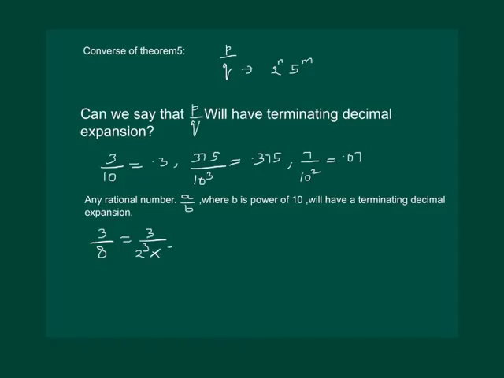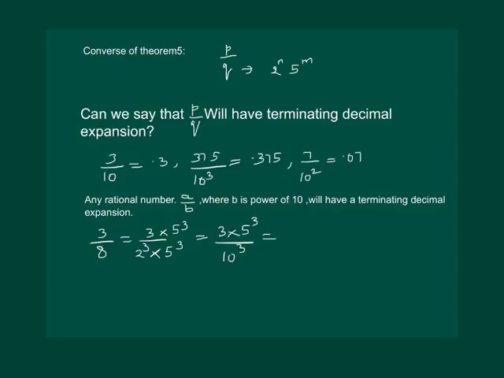We can multiply and divide by 5 cube and get 3 into 5 cube whole by 10 cube. So we have converted 3 by 8 in the form a by b, where b is a power of 10.